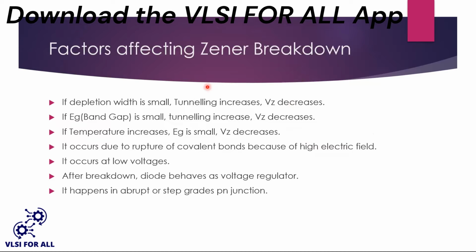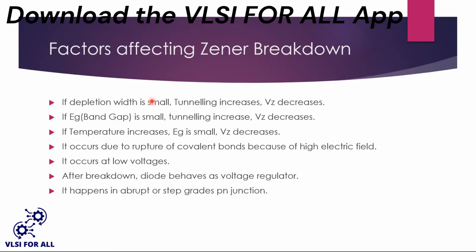Coming to the factors affecting Zener breakdown. If the depletion width is small, then electrons or holes can jump easily from one side to the other, due to which VZ can decrease.